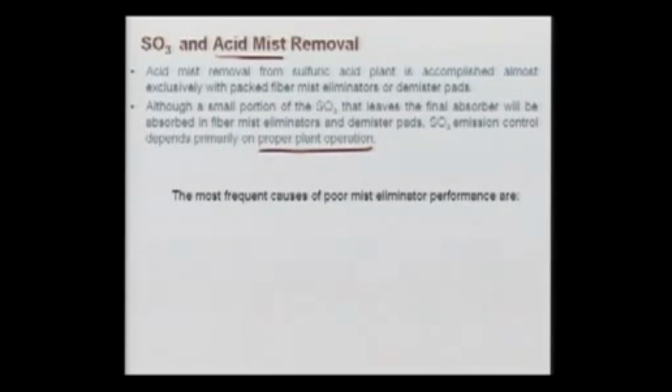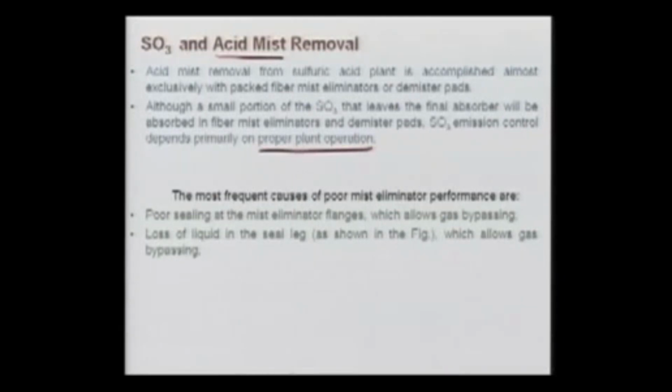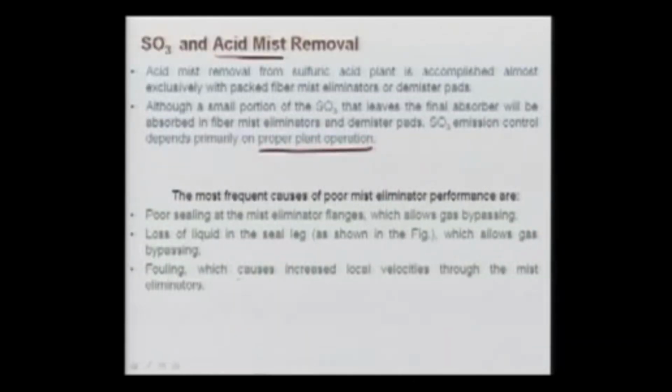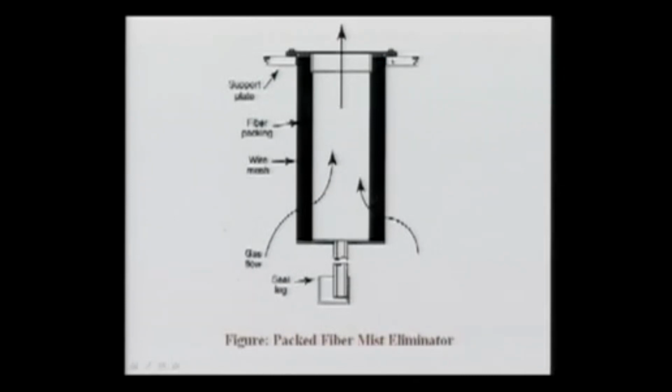And what is the technology to remove the mist? Poor sealing at the mist eliminator flanges can lead to problems, but what I really want to show you is this process here. This is the gas flow, this is a wire mesh, and inside the wire mesh is a fiber packing, and then you pass the gas which is rich in acid mist.